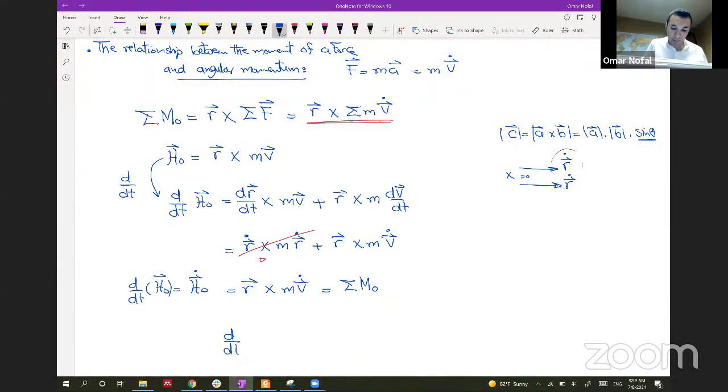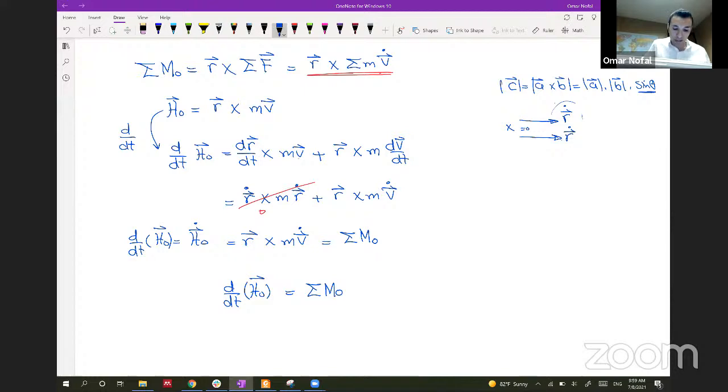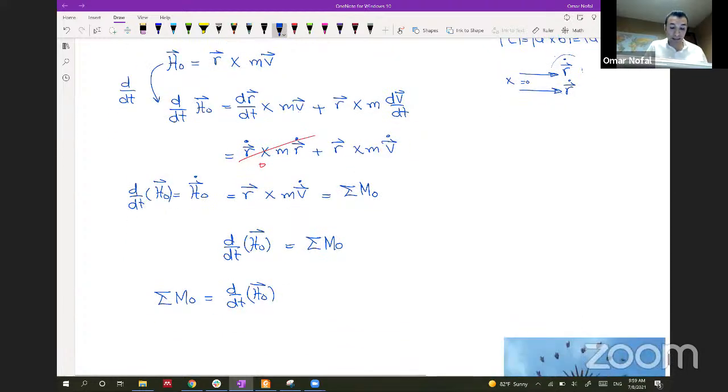The time rate of change of the angular momentum will be equal to the sum of M O, or we can write that the sum of the moments M O is equivalent to the time rate of change of the angular momentum. And this is similar to Newton's second law, where the sum of the forces is equal to the time rate of change of the linear momentum.